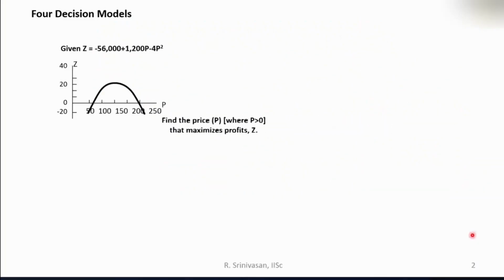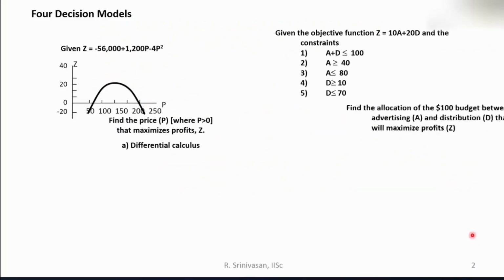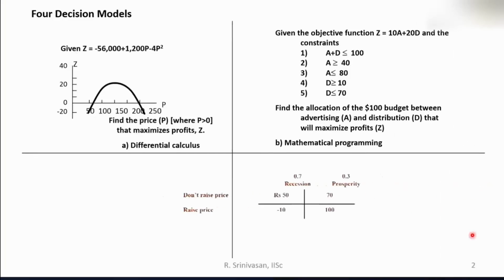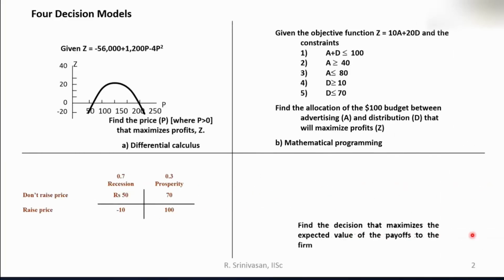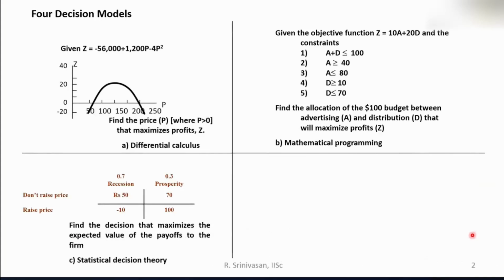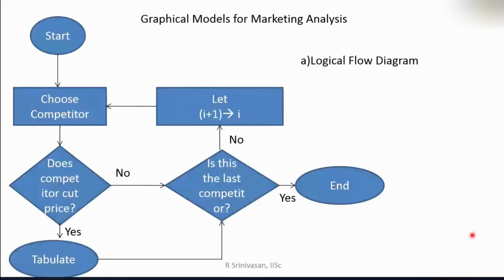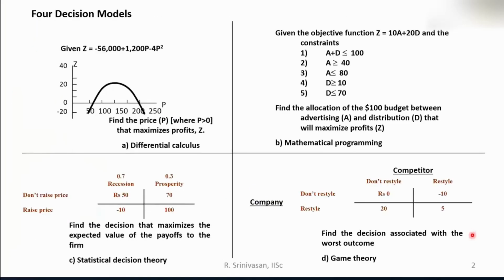We now look at a few decision models. As I said earlier, these decision models make use of mathematical routines. It can be differential calculus, mathematical programming, statistical decision theory or Bayesian analysis, or you can make use of game theory.